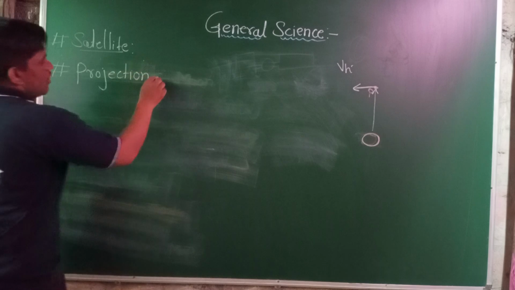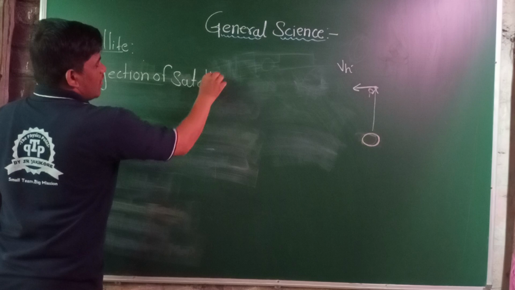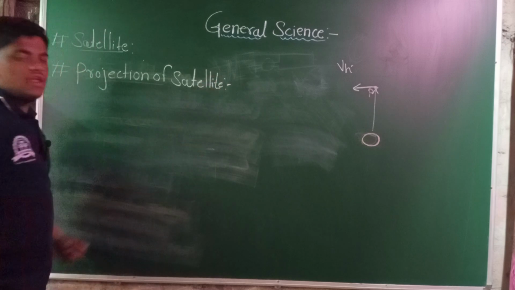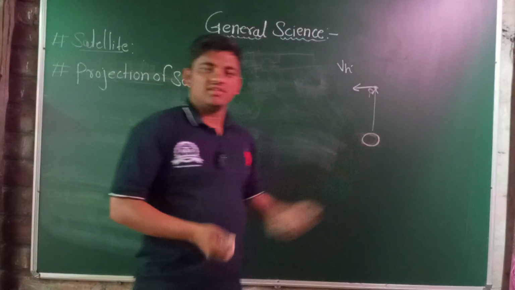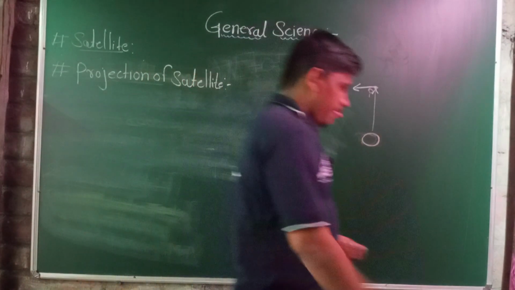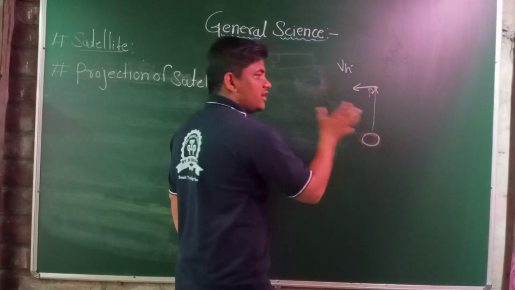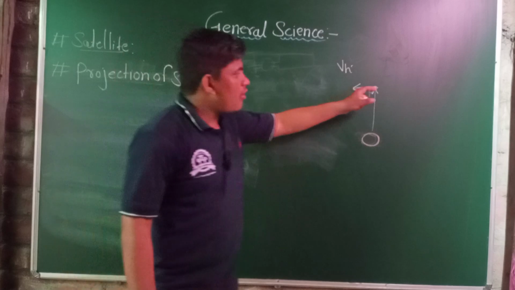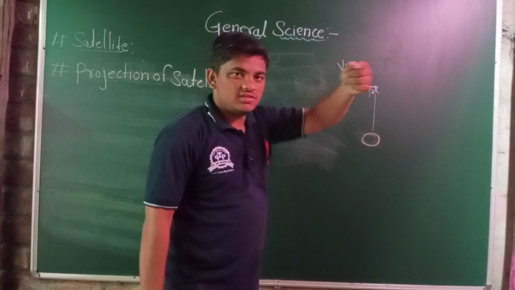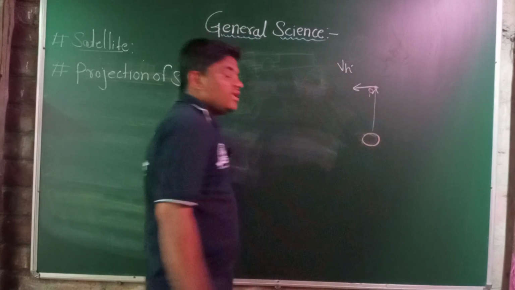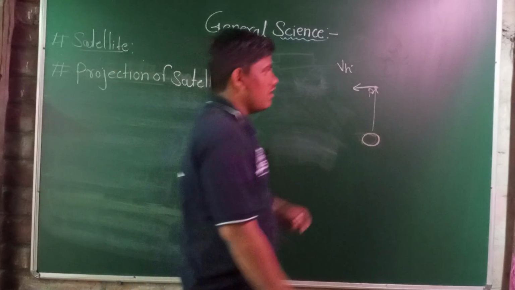Before we discuss the projection of satellites, we need to discuss certain velocities and basic concepts. When we try to move a particular object or vehicle out of the earth's gravitational influence, we need to apply a certain force on that vehicle.